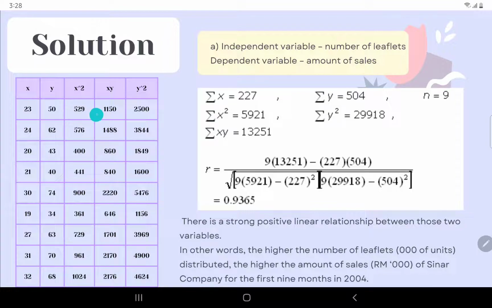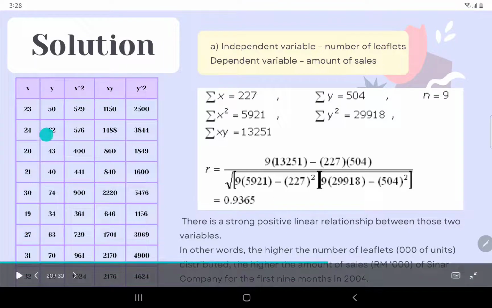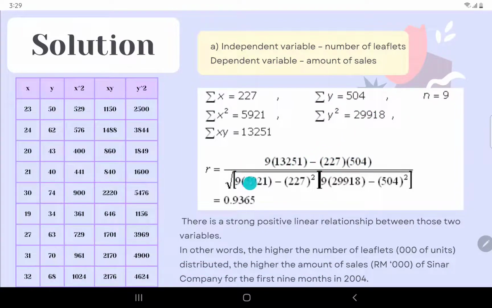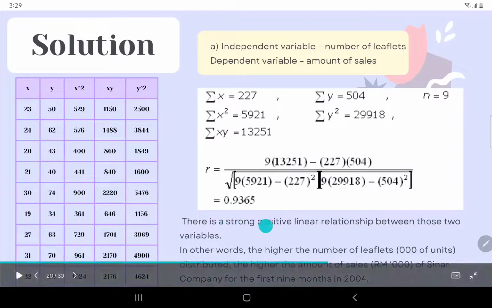So this is the x, y, and then kena cari x square, xy and y square, and then total up. Okay, so dapat ni, just insert into the Pearson's formula. So we'll get 0.9365, which is the strong positive linear relationship.